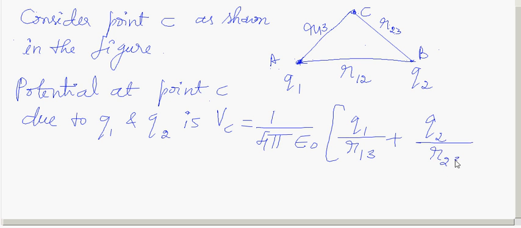So here we have considered the potential due to multiple charges. Now if you want to bring another charge, say q3, from infinity to point C, then what will be the work done? Let us say we are bringing another charge q3 from infinity to point C.